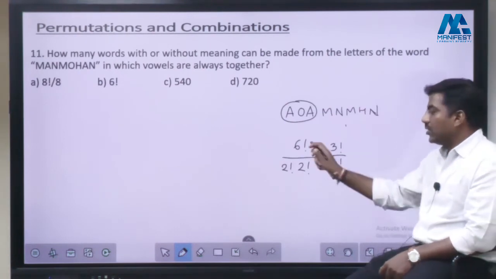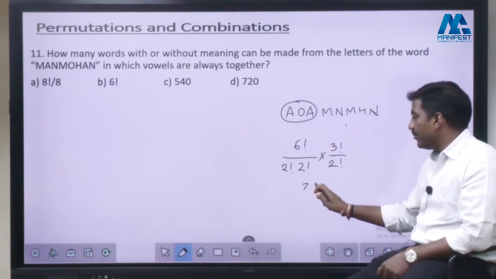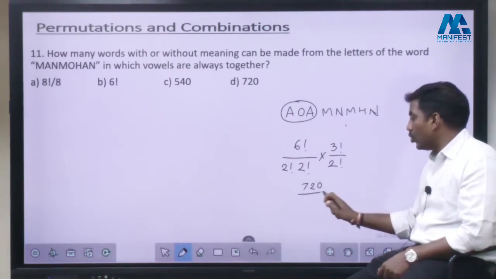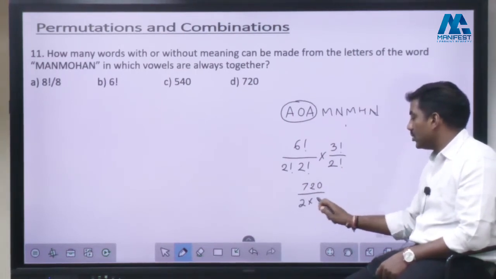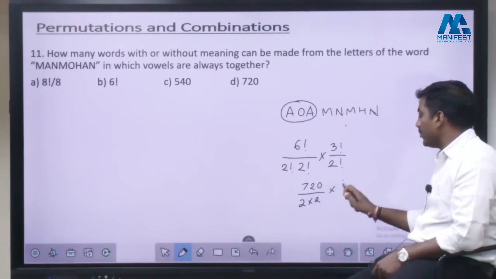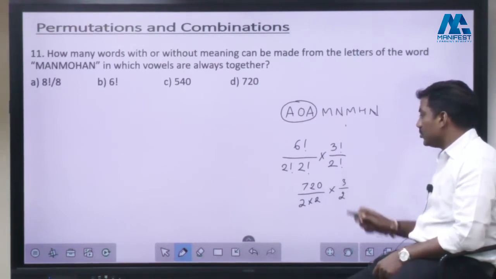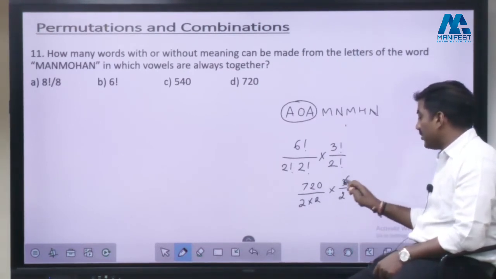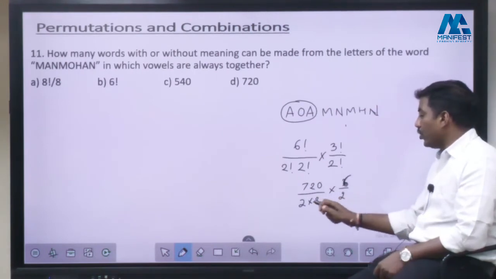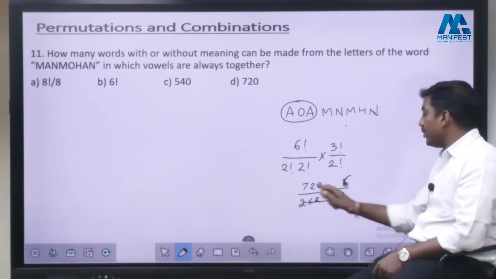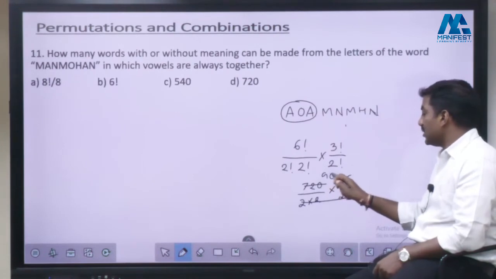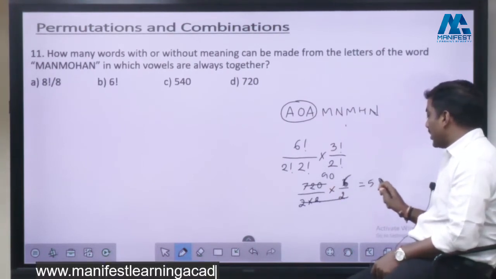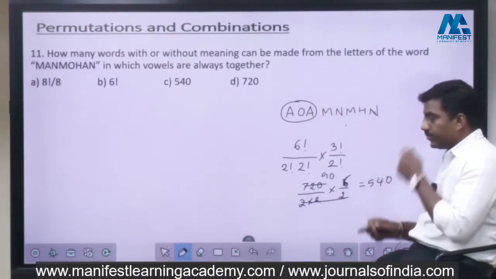Got it? So here 6 factorial is 720. Divide by 2 into 2, into 2. 2 into 2 into 2, 8. 8 nines are 72, 720 by 8 is 90. 90 into 6, 540.